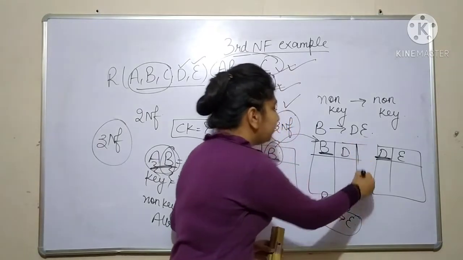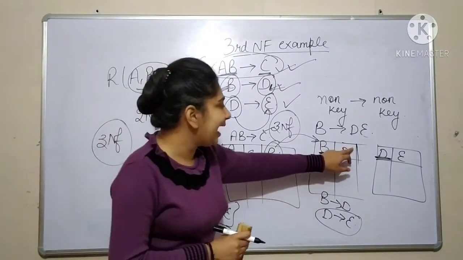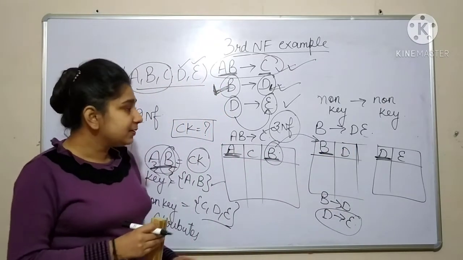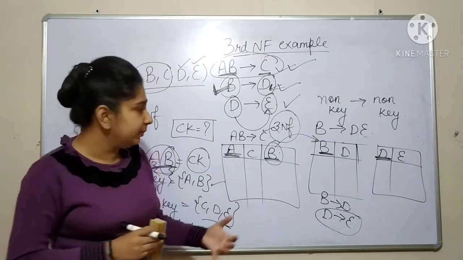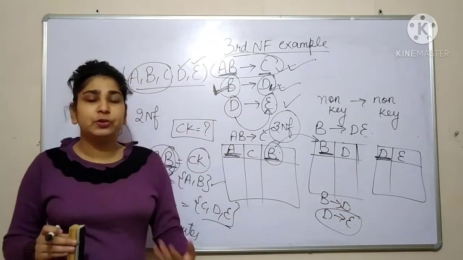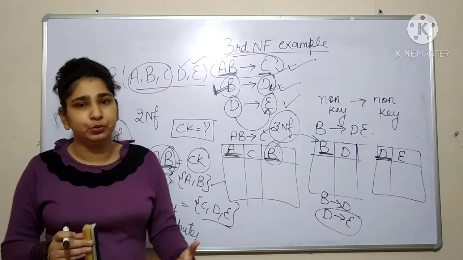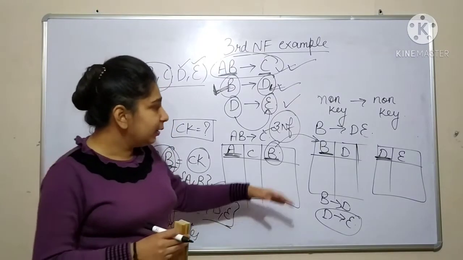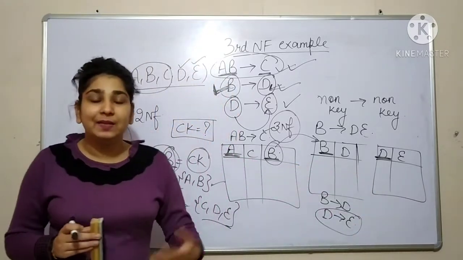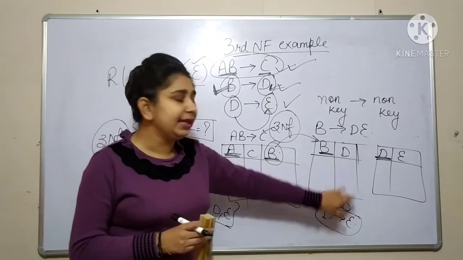And we also have to keep the D attribute in the other table also, because at a later point of time, if we have to join these two relations, there should be one common attribute. Okay, when we were combining B, D and E attributes, there was a redundancy between D and E attributes.